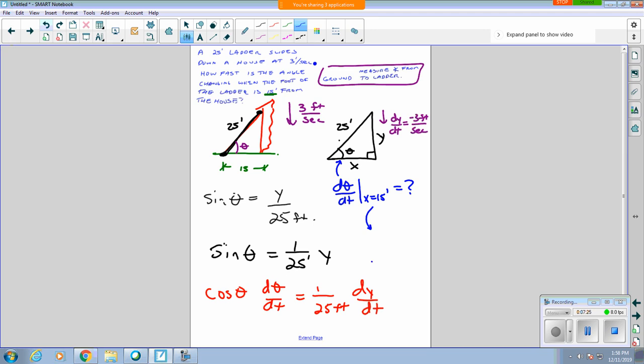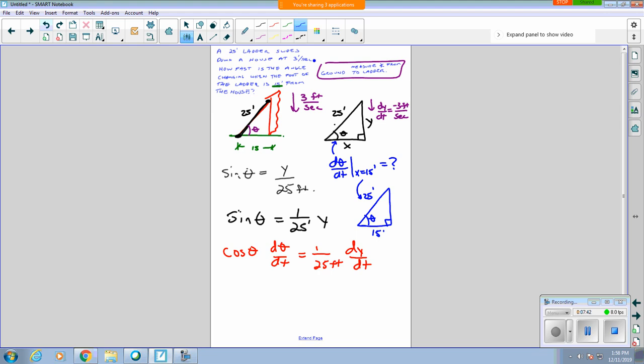So I want to be clear. You're looking at the instant that this was 15 feet, and this was 25 feet still, and this is theta. I don't want to go through a lot of trigonometry, but every one of us at this point in calculus should be able to look at this blue triangle I just drew and say, hey, the cosine of that triangle is 15/25.